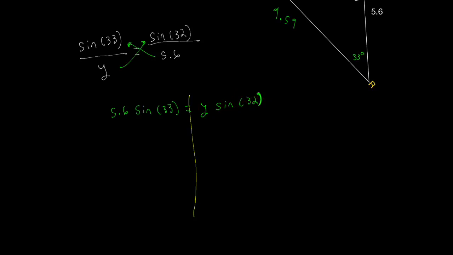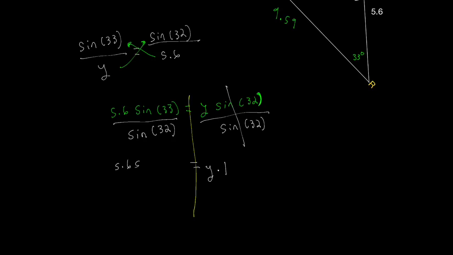I'm going to do this by dividing by sine of 32. And whatever I do to one side of the equation, I have to do to the other side. So here, the left gets divided by sine of 32 as well. So sine of 32 divided by sine of 32, that's just 1. So we get 1 times y, or y times 1, is equal to 5.6 sine of 33 all over sine of 32.